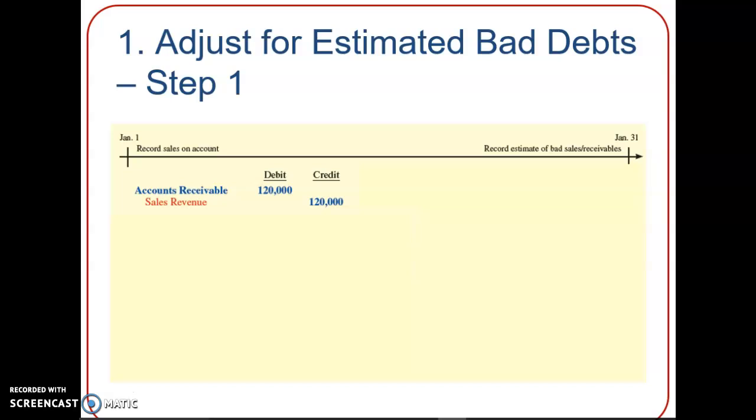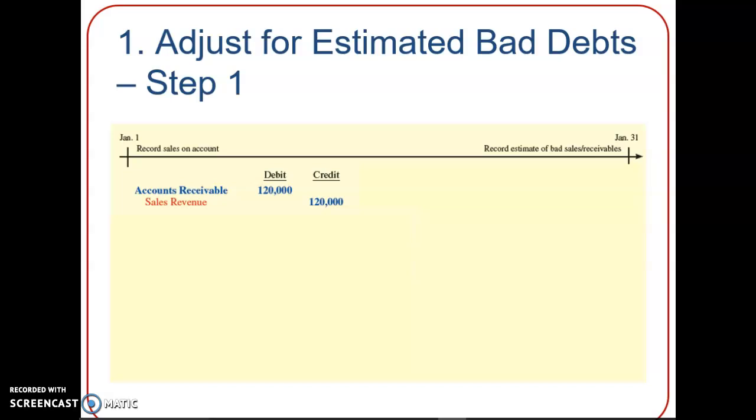So here, first step, adjust for estimated bad debts. Let's say on January 1st, we record credit sales of $120,000. So debit, accounts receivable, $120,000.